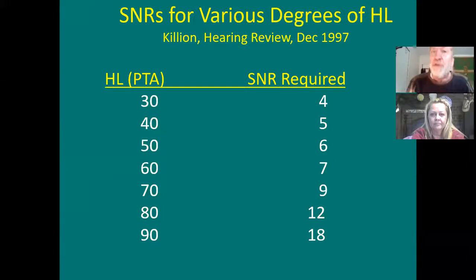Okay? So here we go. Signal-to-noise ratios for various degrees of hearing loss. If the pure tone average gets to be worse than 60, now directional mics won't work anymore, because directional mics can only improve an SNR by a maximum of about 5 dB. They can't do any more. Now you need a remote mic.